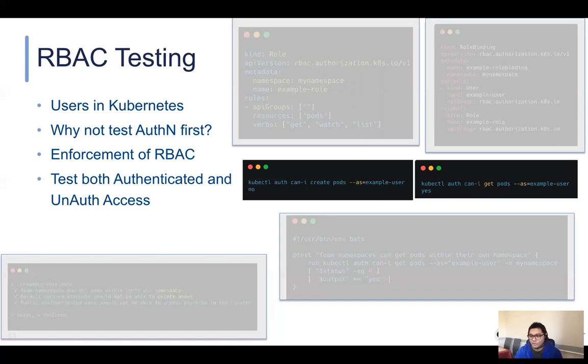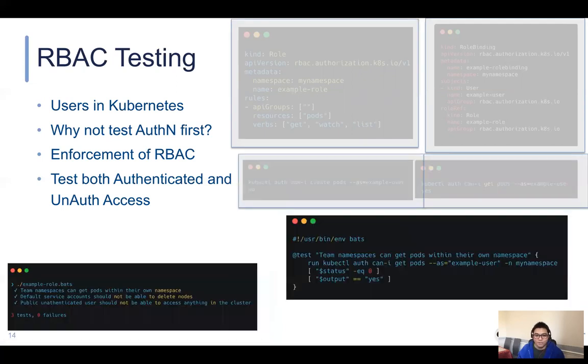But this is just one step in the process. What you need to do is to test it. So what's the best way to test bash scripts if you're running them as bash scripts? Let's use bats. So bats allows you to run bash scripts. In this case, I'm just running kubectl auth can-i get pods as example-user using my namespace.